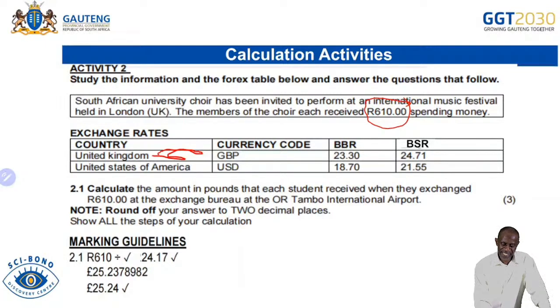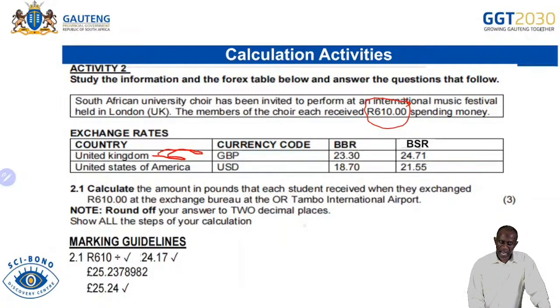So in this instance, the bank is selling foreign notes to members of the choir to the value of 610 against the British pound.